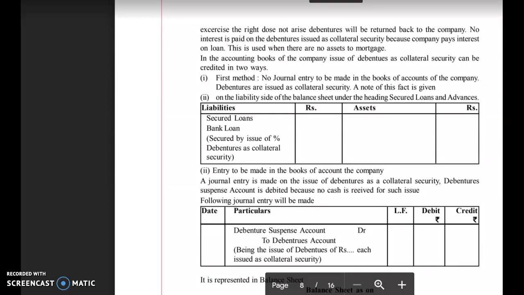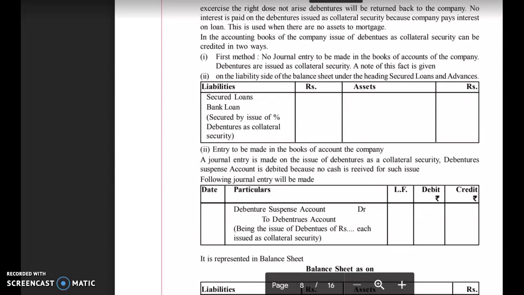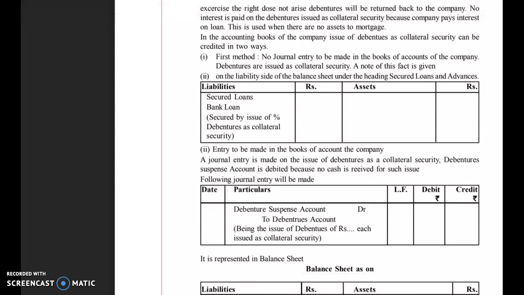Since debentures are issued only as collateral security, only this one entry is recorded, relating to the taking of the loan.